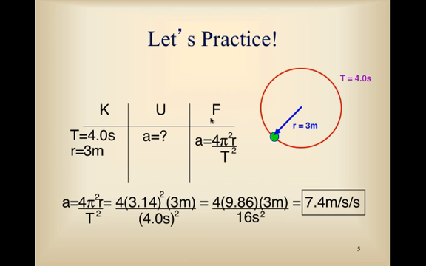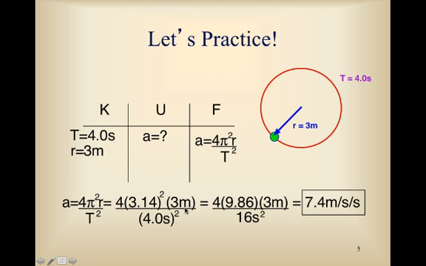So let's practice. Let's take note of how we use this new centripetal acceleration equation. And again, here's our situation where we have a radius of 3 meters and a period of 4 seconds. And we want to know that centripetal acceleration. So since we know r and the capital T, this is the equation that we grab.